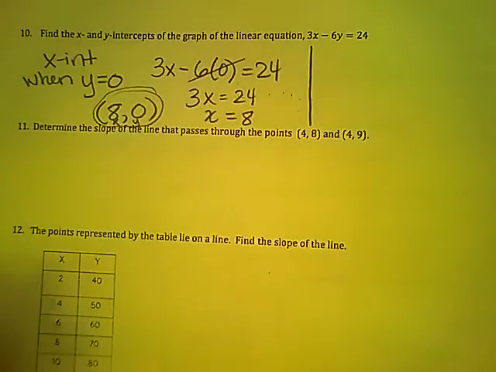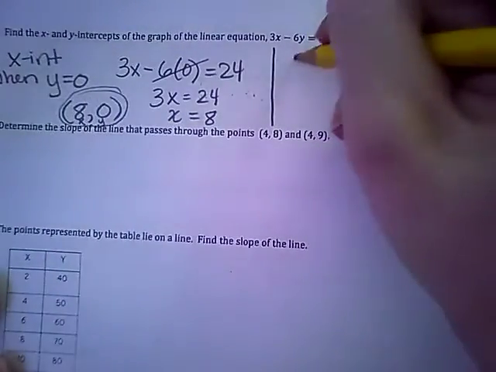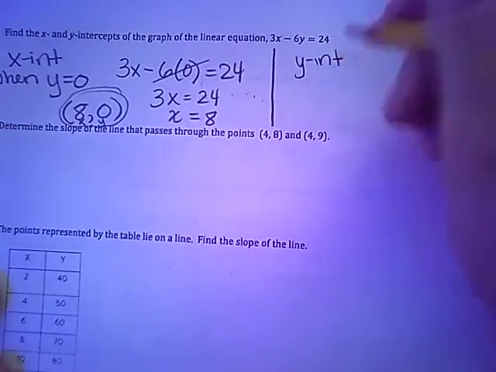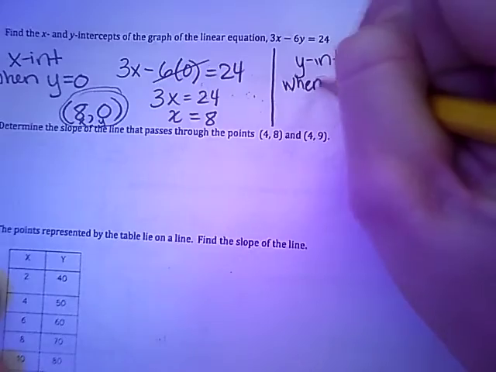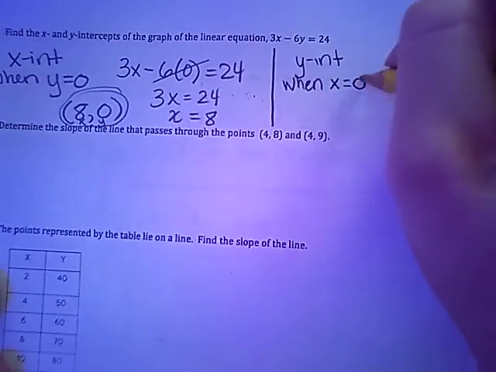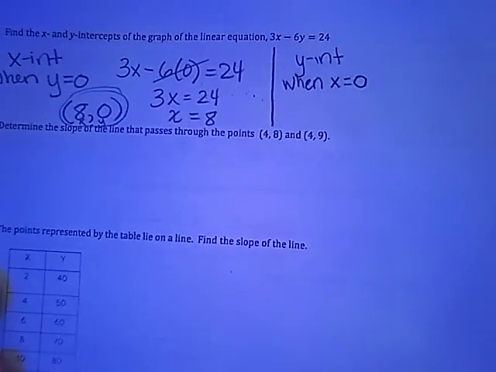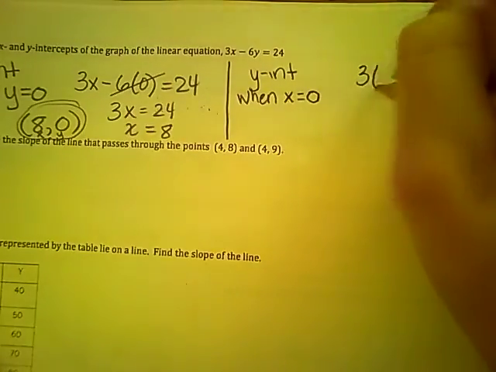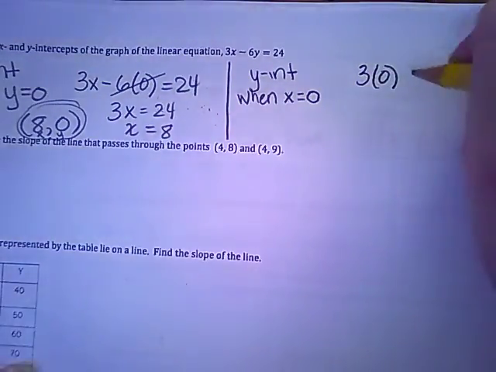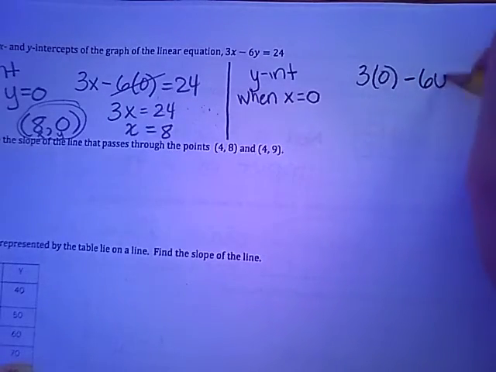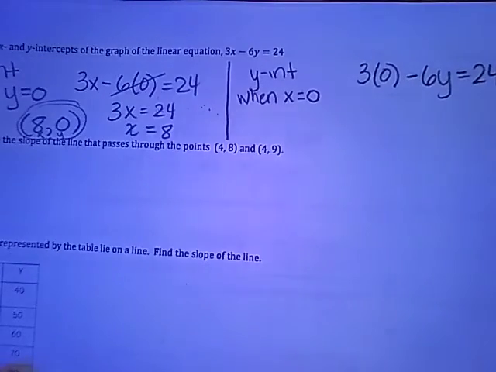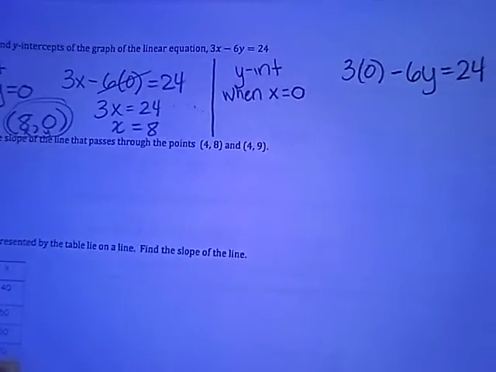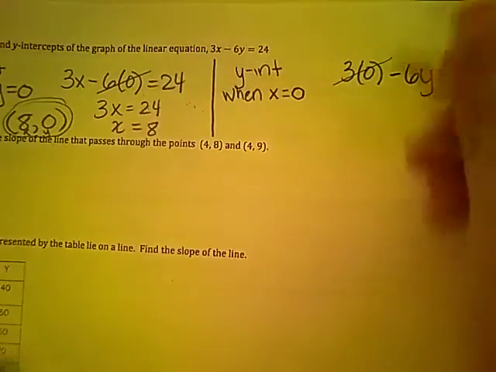I'm just going to draw a line to separate the two. The y-intercept is when x equals 0. So 3 times 0, I'm plugging 0 in for x into that equation. 3 times 0 is gone.